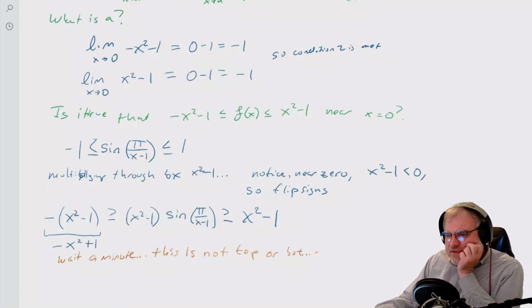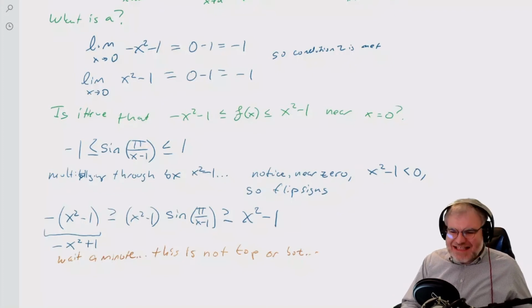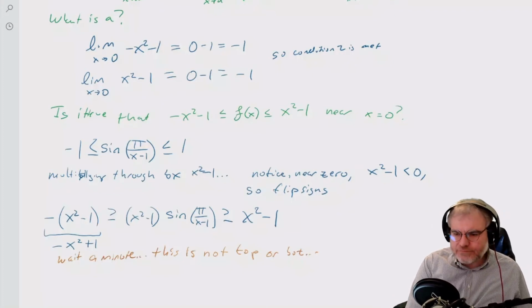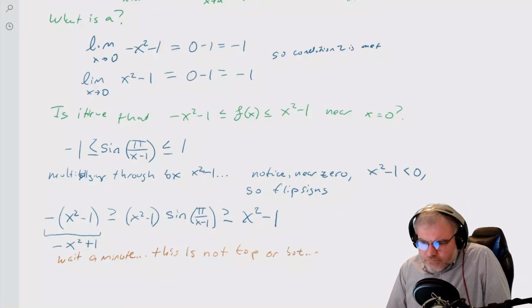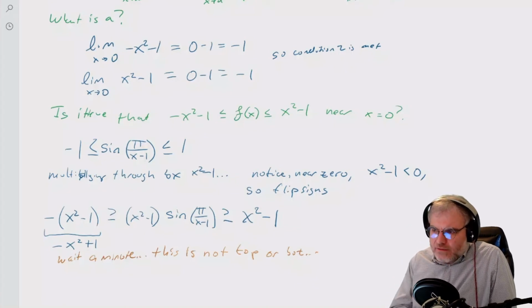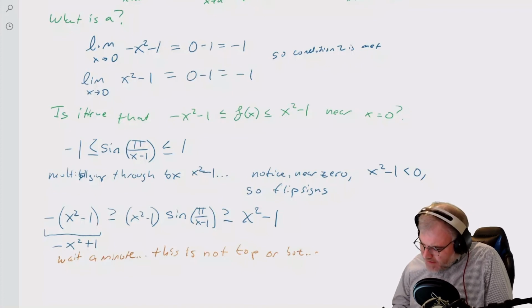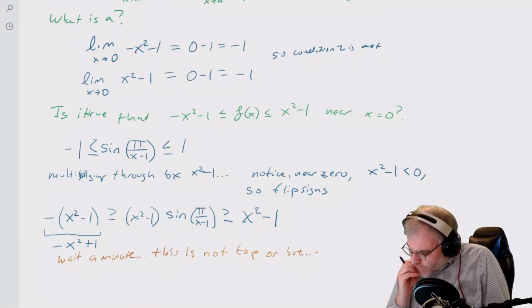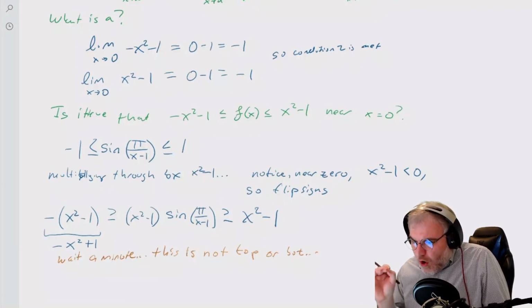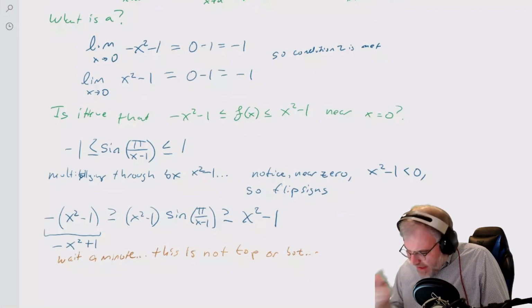Does everyone see that? How do we feel about that? That's not right. Something's wrong here. This is not the right function. When I multiplied through, I wound up with the wrong thing. So now I'm suspecting that this is wrong, because this does not equal one of those.